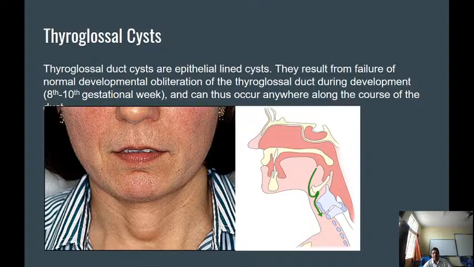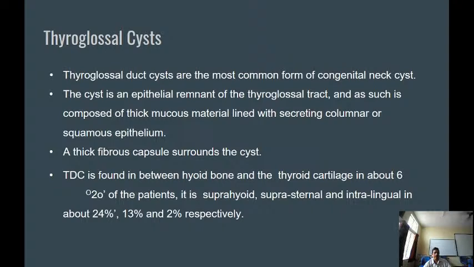So if there is any kind of swelling which is occurring along this thyroglossal tract, the cyst consists of the epithelial remnants of the thyroglossal tract and is composed of thick mucous material secreting columnar or squamous epithelium.